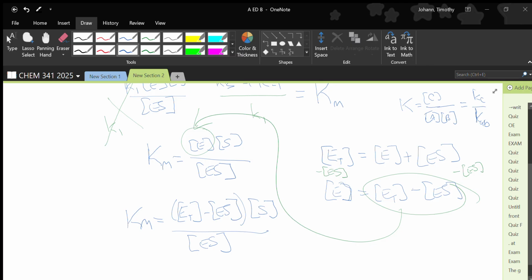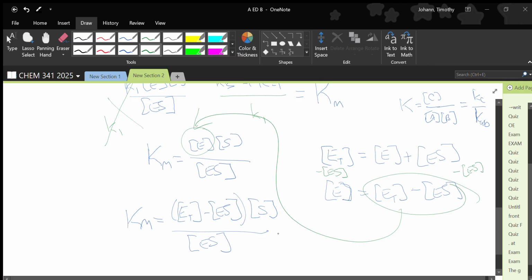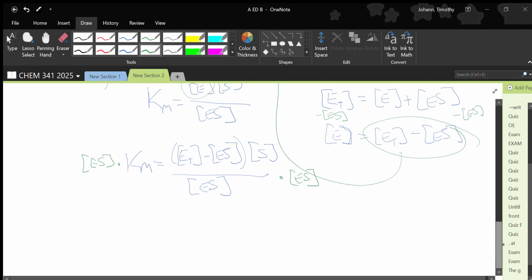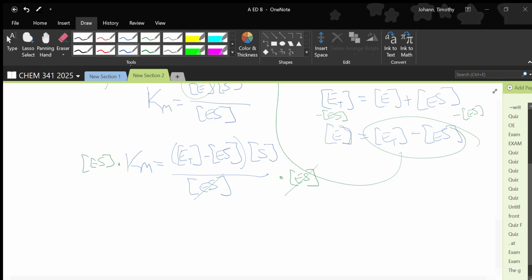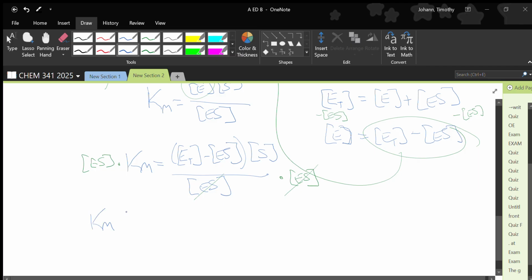I can now multiply enzyme substrate complex times both sides. I'm going to get rid of the enzyme substrate complex on the bottom here. So it's a mess of algebra, but we're still headed towards getting the Michaelis-Menten equation that has no enzymes in it, right? So then this is going to cancel with this.